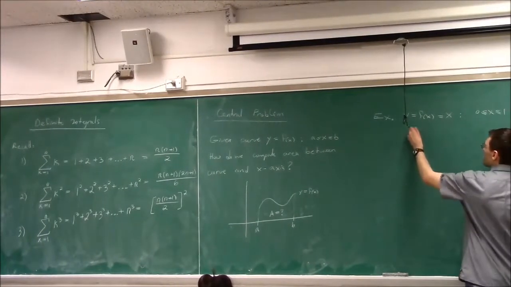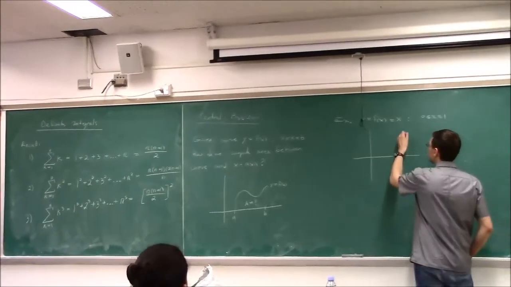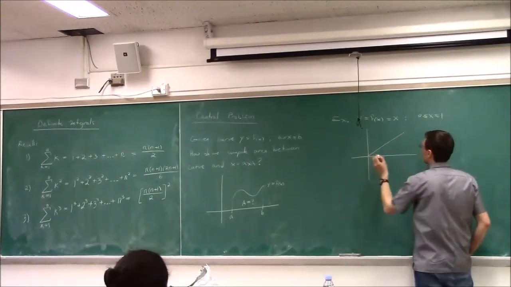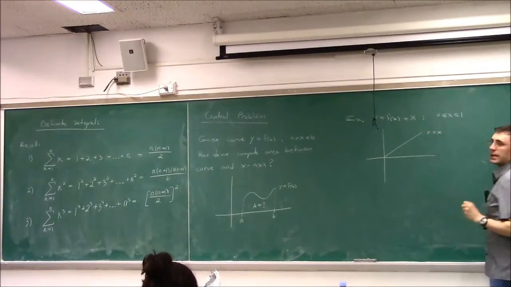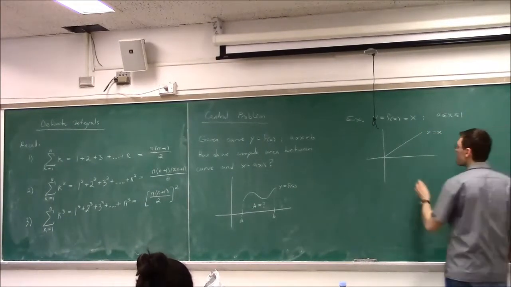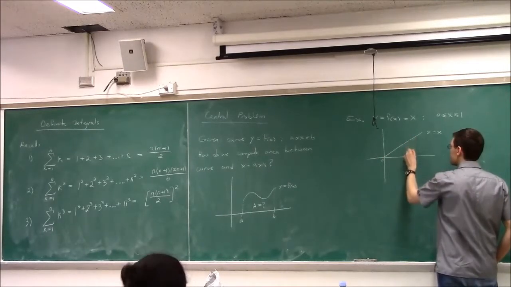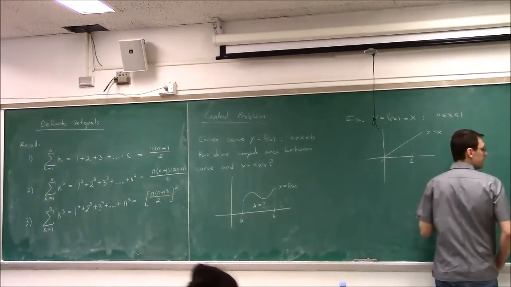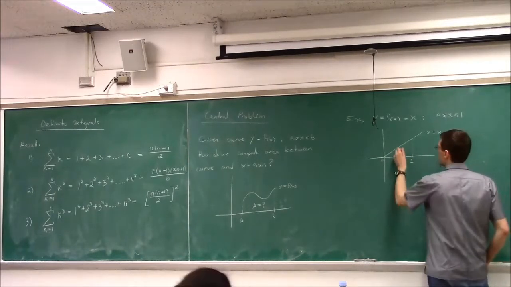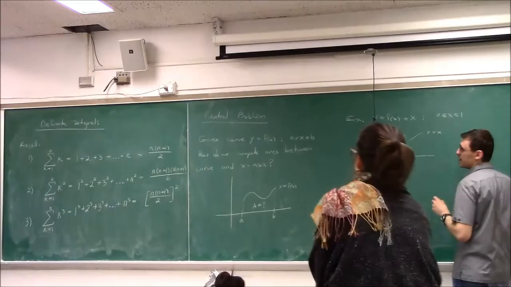Let's draw a picture of it. So this is y equals x, just this line. This here is 0, and this here is 1. What's the area between this curve and the x-axis? Can you see it?